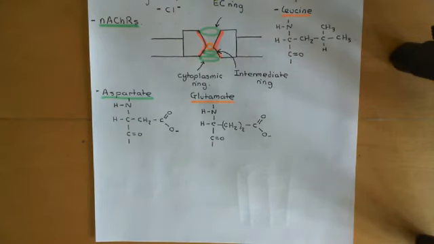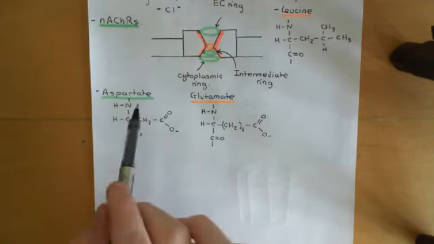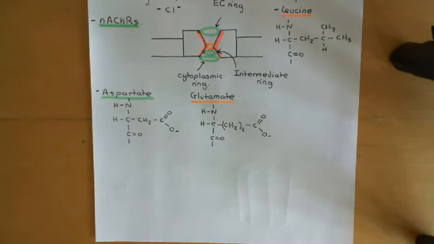All cis-loop ligand-gated ion channels will have these rings of charge along the pore. If you want to select for positively charged ions, they will have negatively charged residues in these rings, so aspartate and glutamate residues. If you want to select for negatively charged ions, then you need positively charged residues in those rings to create a positively charged ring.